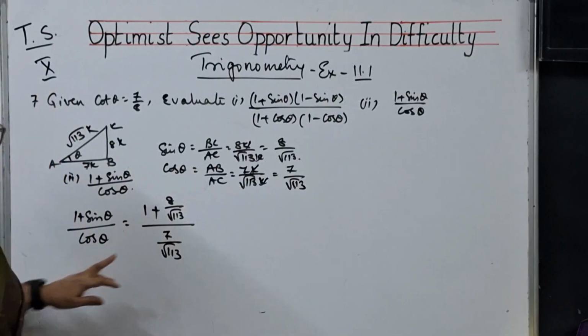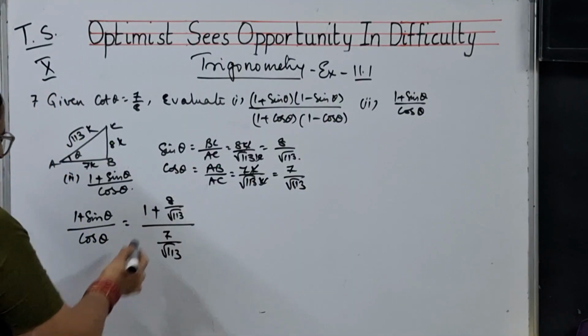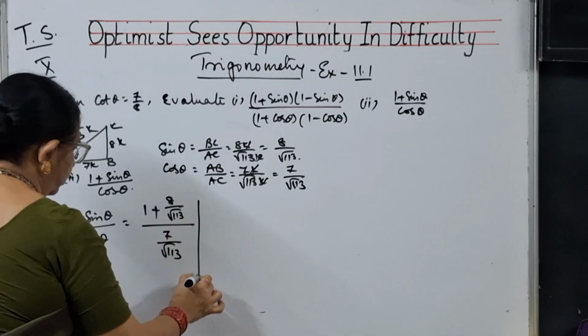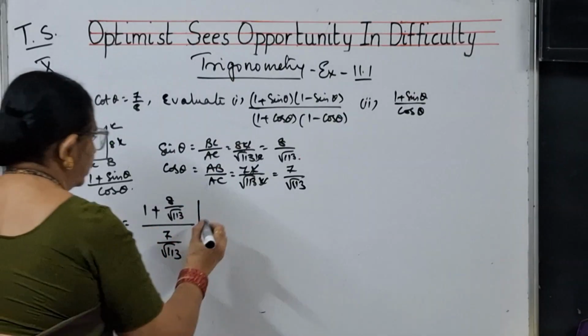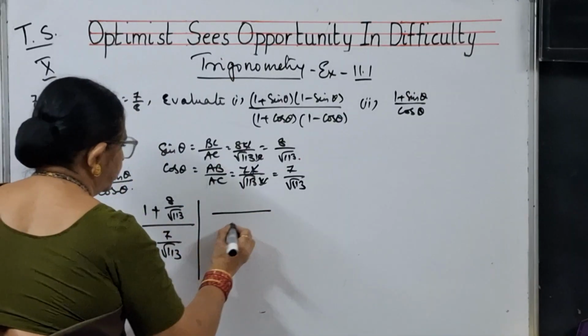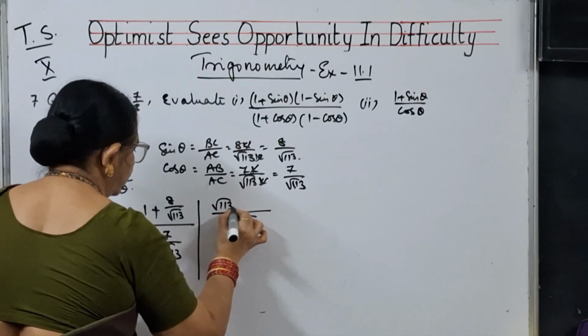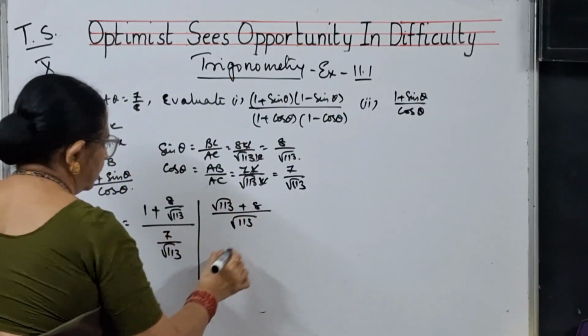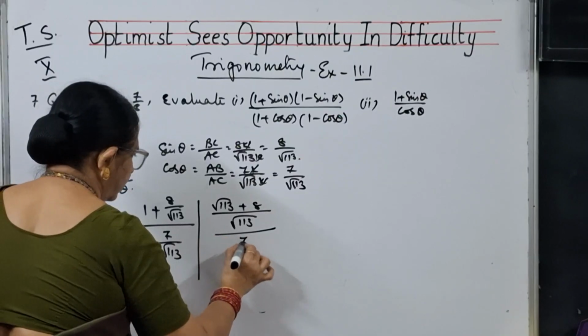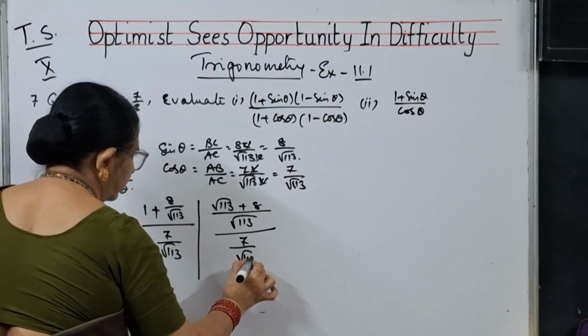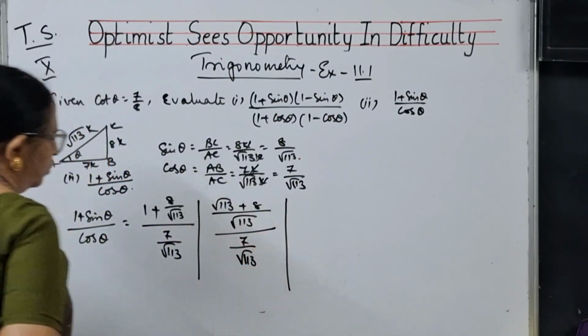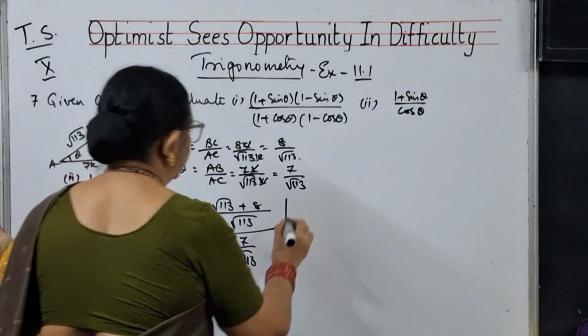So here you don't have any value to do it with that, only cos theta is given. So in the LCM you are writing root 113. So here, root 113 plus 8 by root 113 by 7 by root 113. How will you write it here, children?